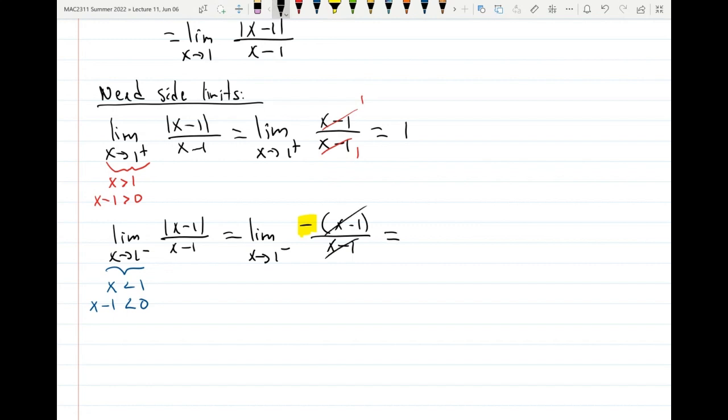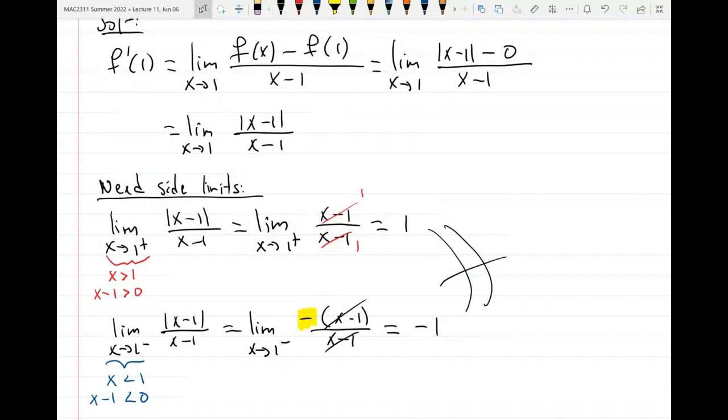And what are we getting for this limit? Negative 1. So the right limit is positive 1, the left limit is negative 1. So these guys are different, right? So what can we say about the actual limit as x approaches 1? So this limit does not exist. In other words, the derivative at 1 does not exist.